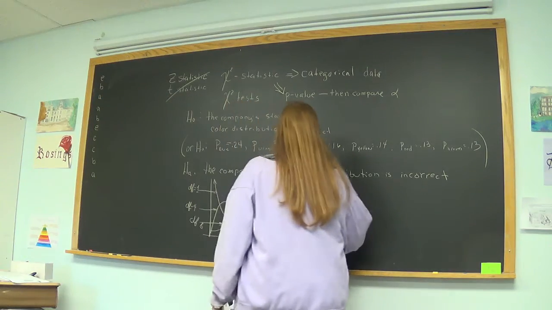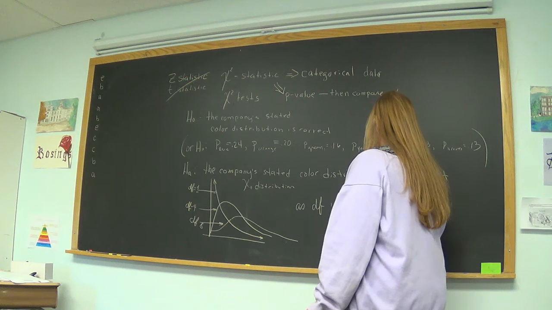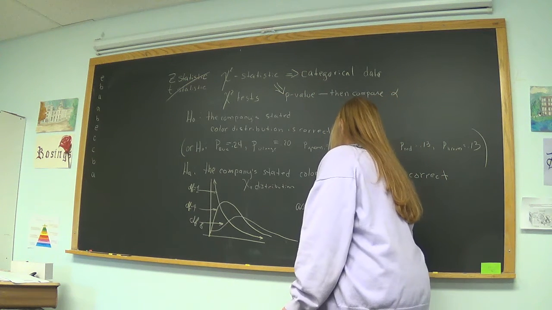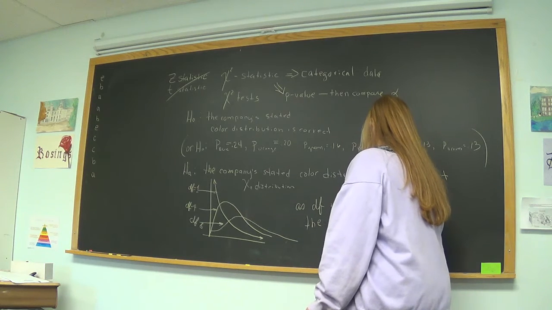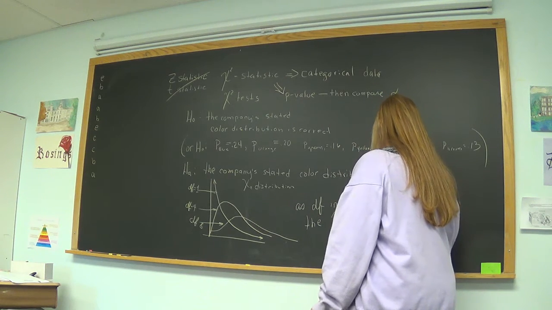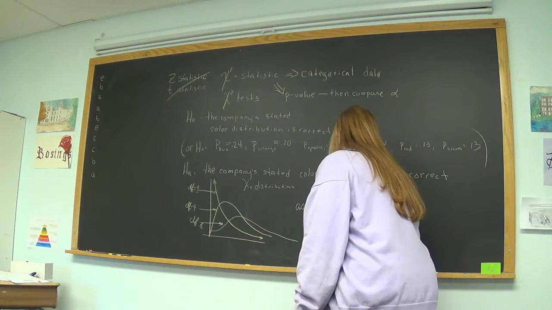As degrees of freedom increases, the chi-square distribution becomes less skewed to the right.